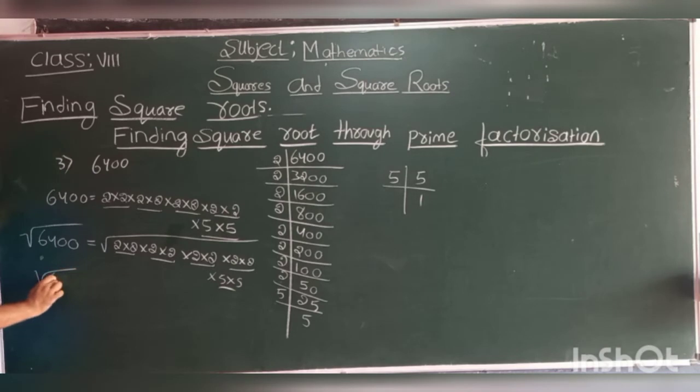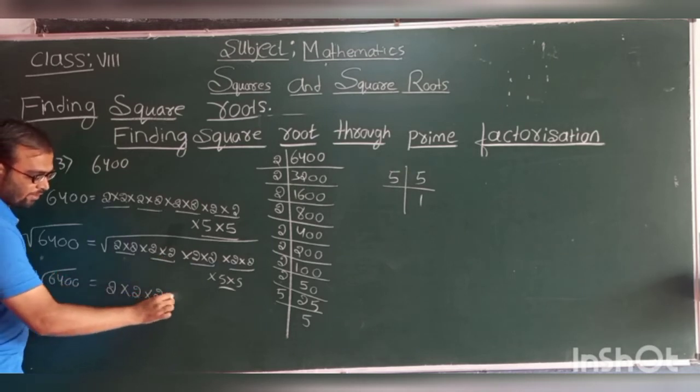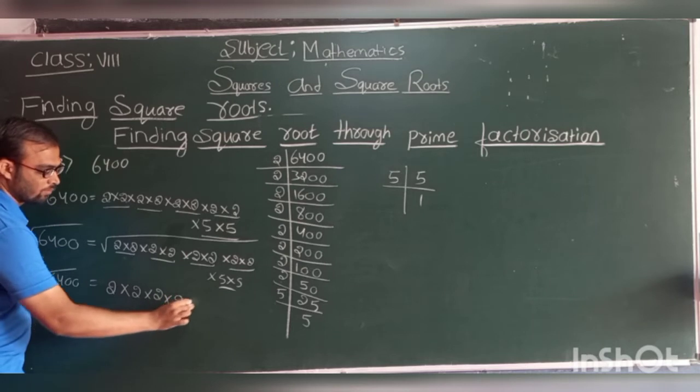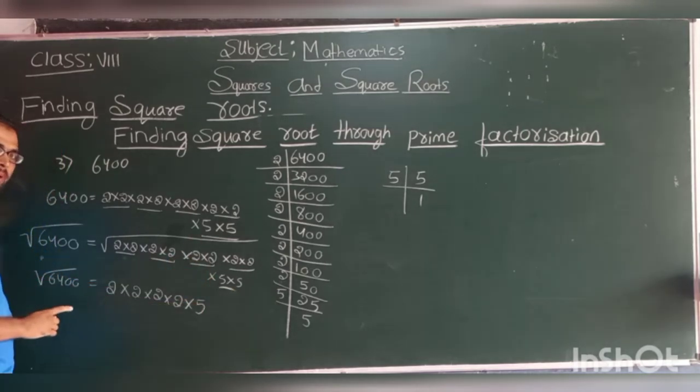Now students, the square root of 6,400. 2 times, write 1 time. So here also take 2 from this, write 1 time, and this one. And here 5 2 times, so write 1 time. So you can multiply from right to left or from left to right. Okay.